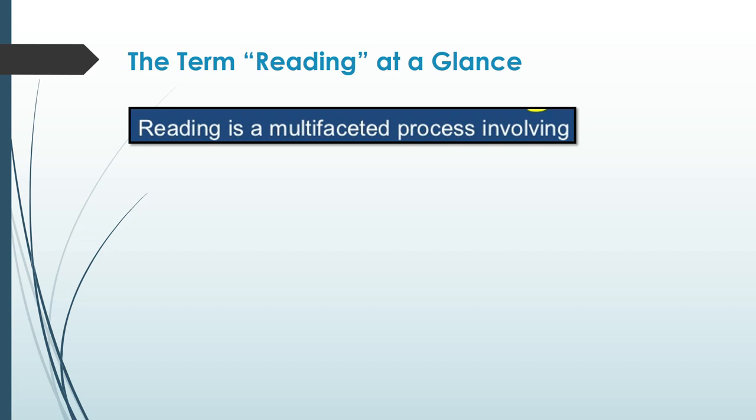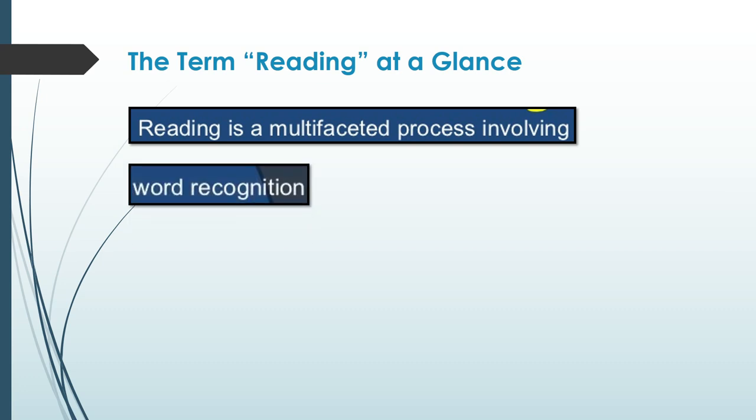Now it is a process which involves word recognition. Word recognition means that it basically has to look at what are those words, letters, and their sounds, and of course their meaning. So it starts from word recognition, individual words, and within a word, individual letters.